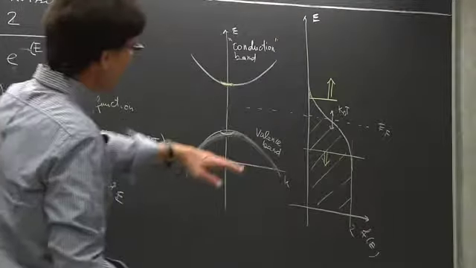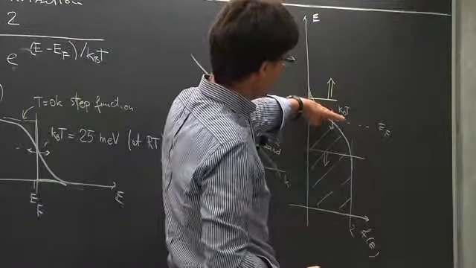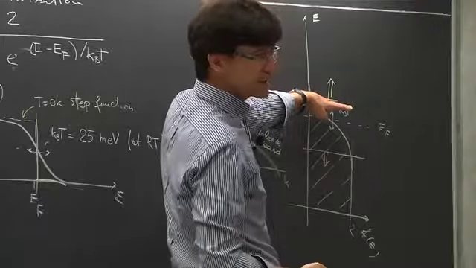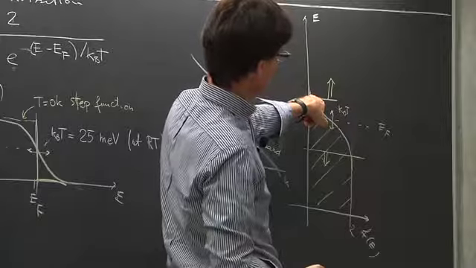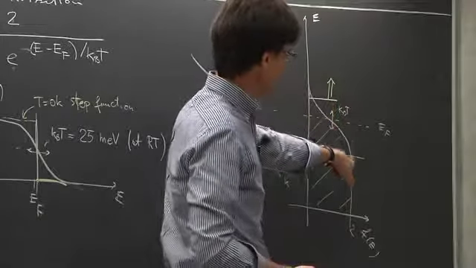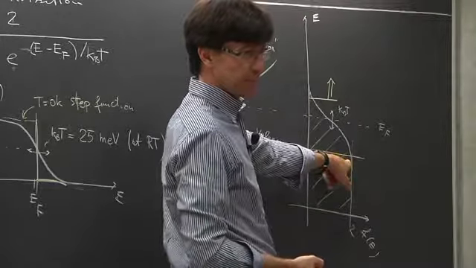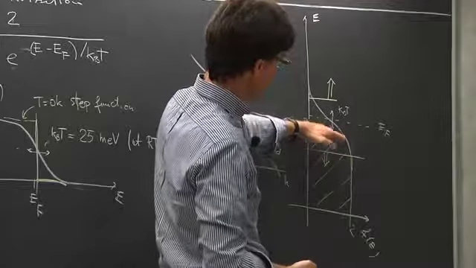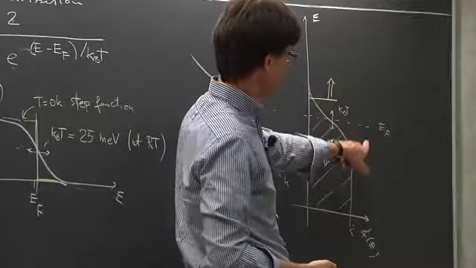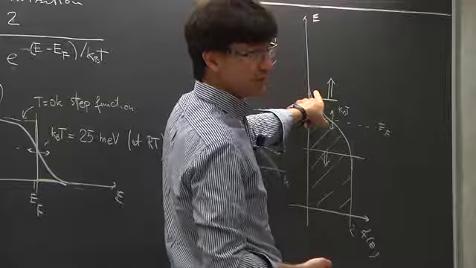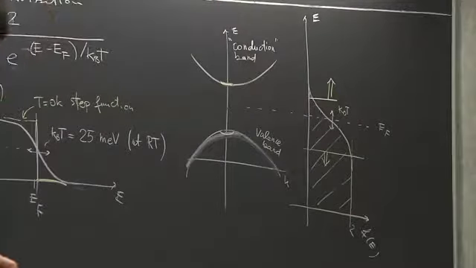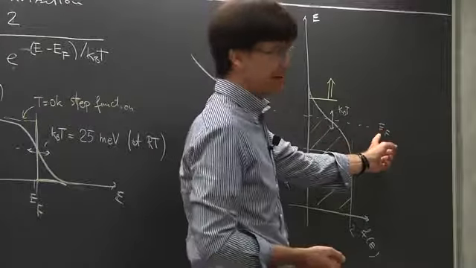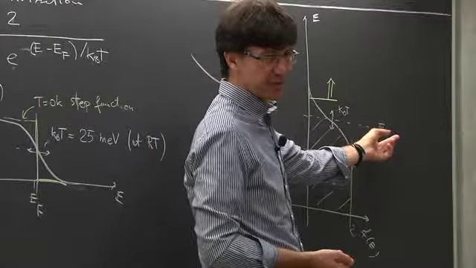Now, clearly, if I move the Fermi level upwards, I will increase the occupation number here, and I will decrease it below. Similarly, if I move it downwards, I will increase the occupation here and decrease the number of electrons there. So the consequence of this argument is that the position of the Fermi level is actually not arbitrary.